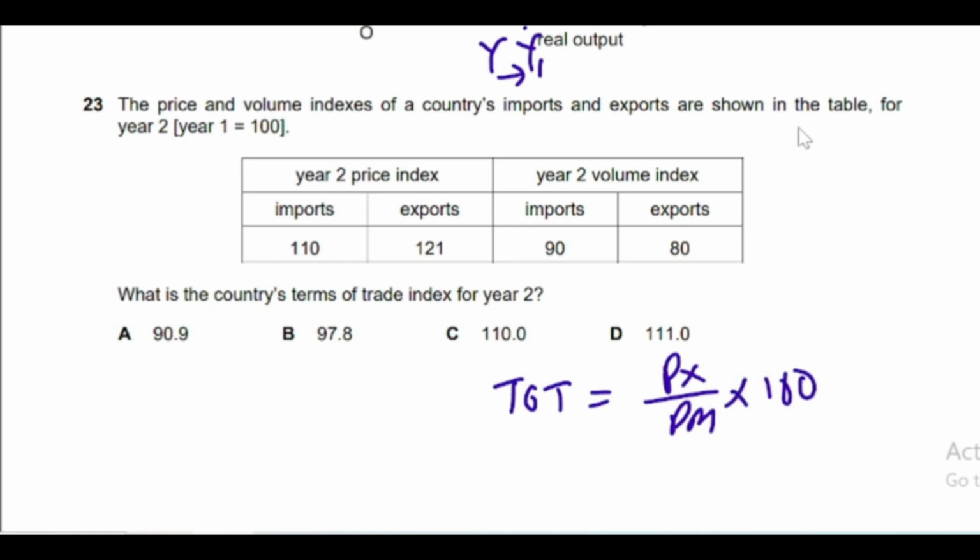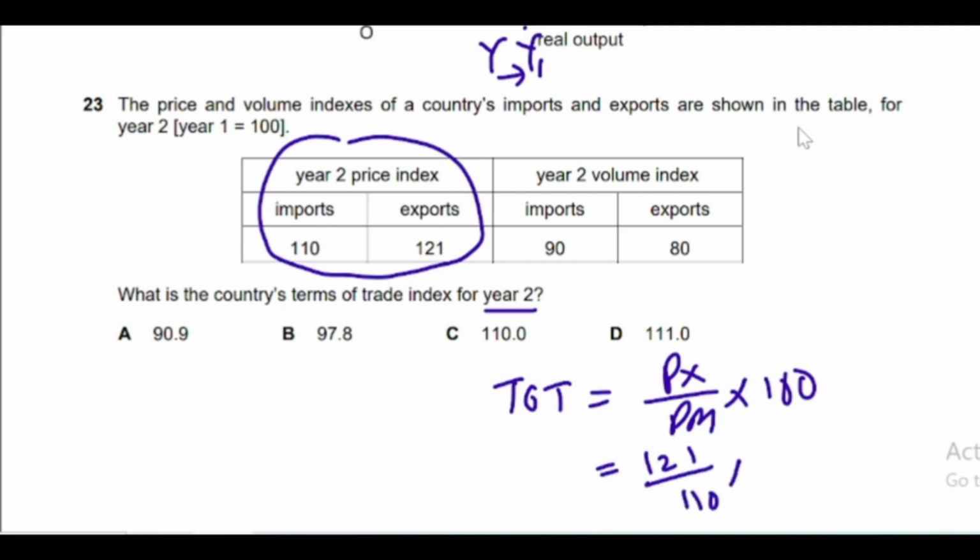So we have to find out terms of trade in year 2. So these are the figures relevant to year 2. So price index of exports is 121. So we can put 121 here and 110 here and then multiply by 100. So it will give us 110.0. Option C will be the correct answer for question number 23.